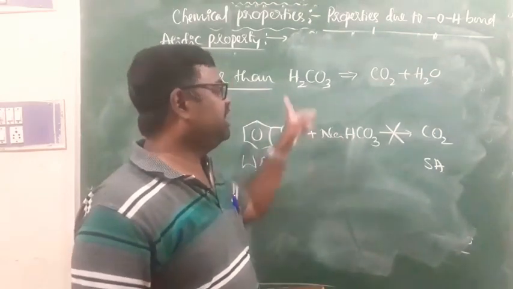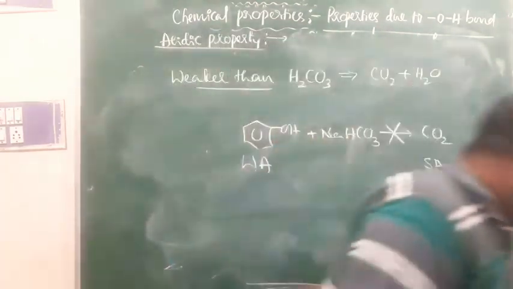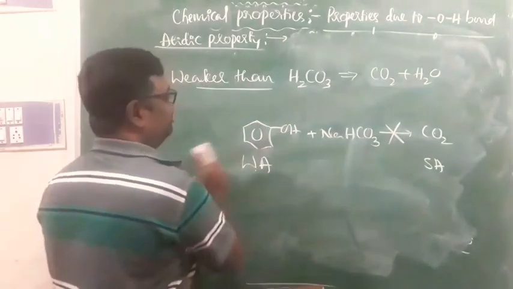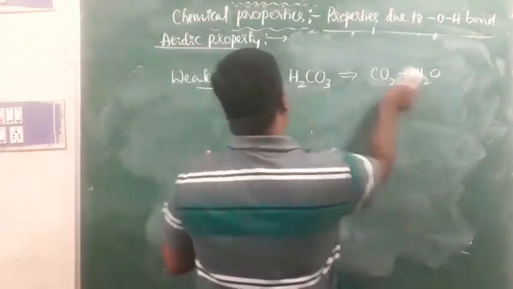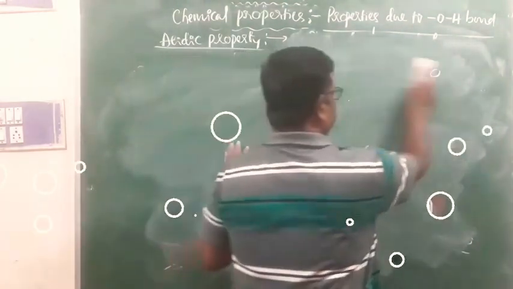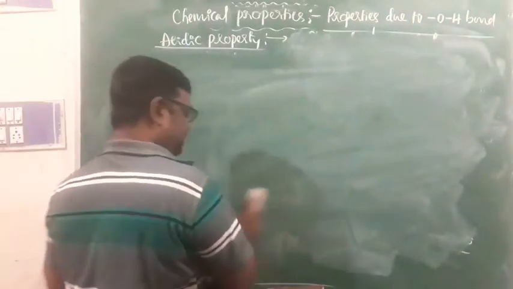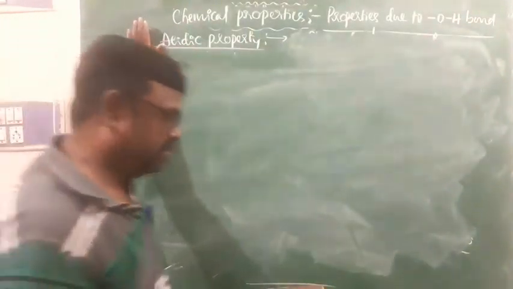Why phenol is weaker than carbonic acid and all these things are beyond the scope of this text. You can ask me separately for the test of acidic property of phenols.